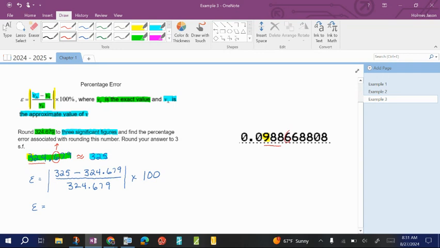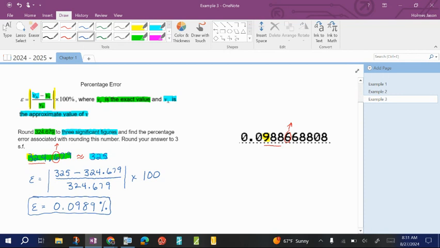We look to the 6. The 6 tells us to round up. So we're going to have 0.098, and then that 8 rounds up to a 9, and we're going to make sure we label it as a percentage. So that is how we do percent error.